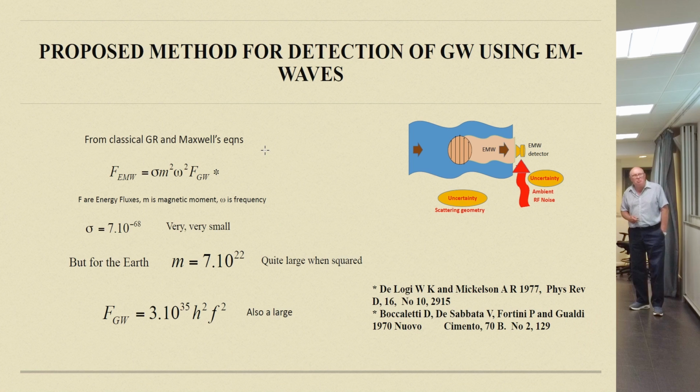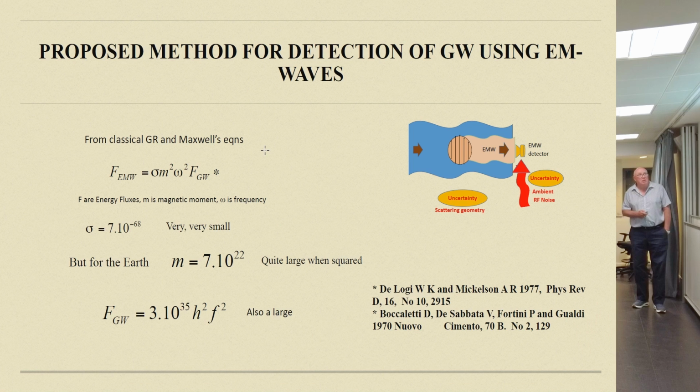Luckily, they're not very strong. That would vibrate this, and so you would get an electromagnetic wave from that. That's standard Maxwell, as it were. You vibrate a magnet, you'll get a radio wave.